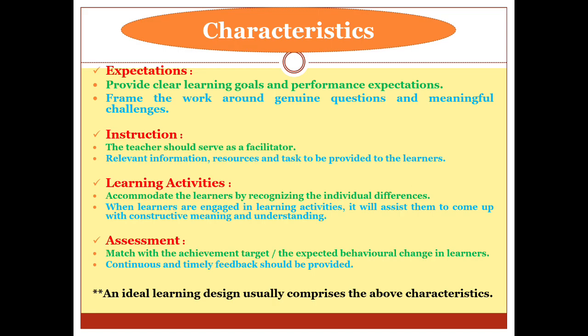So an inclusive learning environment should be created, and the teacher should be very careful that he recognizes the individual differences. If the student is bright, he can assign more tasks, he can give project work, and so forth. So we have to see that the learning activity suits the learner.